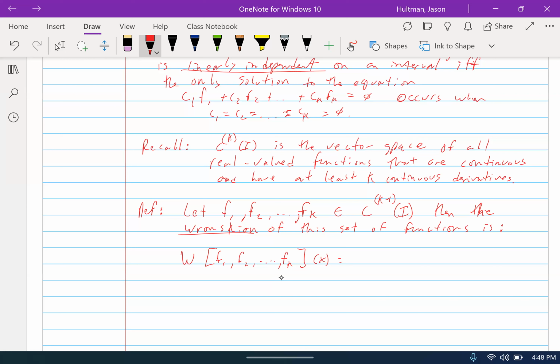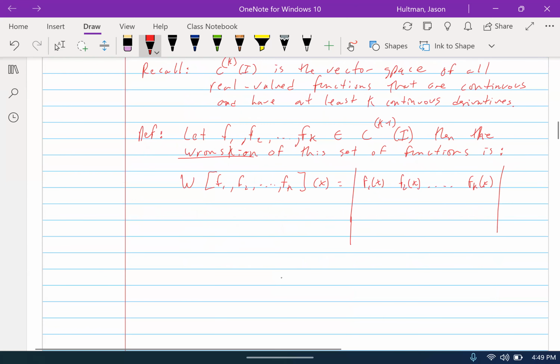It is equal to the determinant of the functions f1 of x, f2 of x, dot, dot, dot, to fk of x, and then we're going to take these and do k minus 1 derivatives on them, which will give me a k by k matrix.